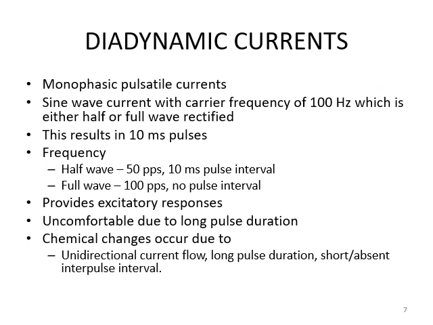If it is full wave rectification, there will be 100 pulses per second and there will not be any interpulse interval. The current is used for the excitatory response. The duration is slightly longer, and because it is unidirectional, there may be some chemical changes occurring at the electrode skin interface, and the current might feel uncomfortable to certain people.